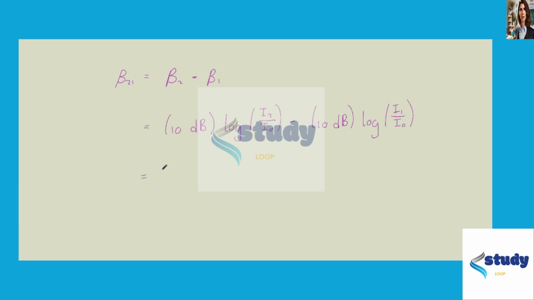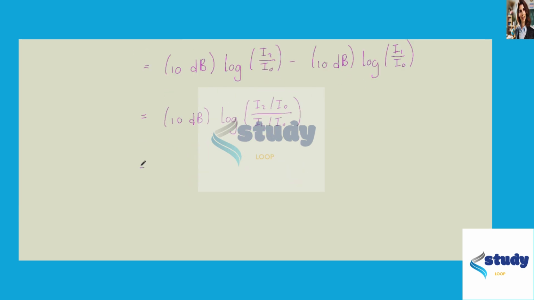And this can be written by using laws of logs as 10 decibels times the log of I2 over I0 all over I1 over I0, which simplifies into 10 dB times the log of I2 by I1.